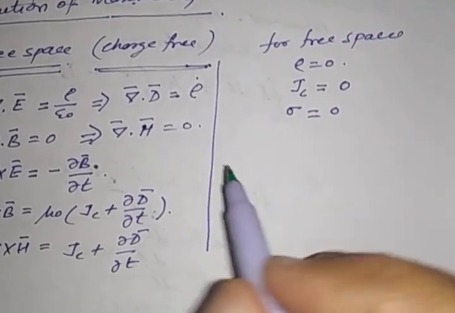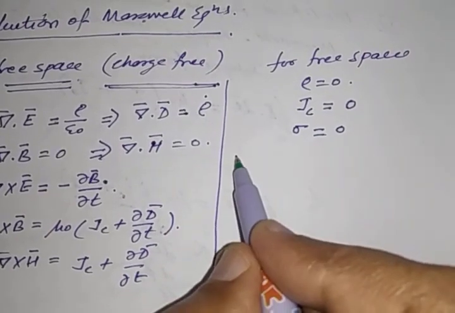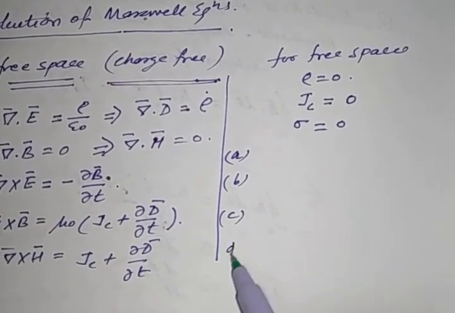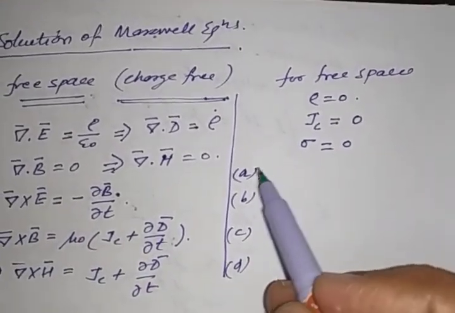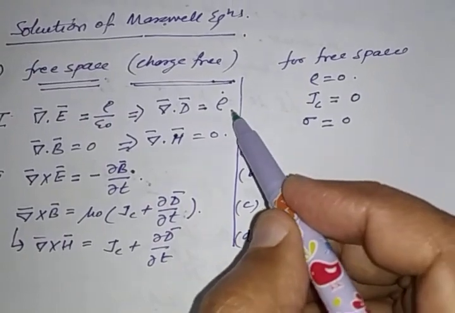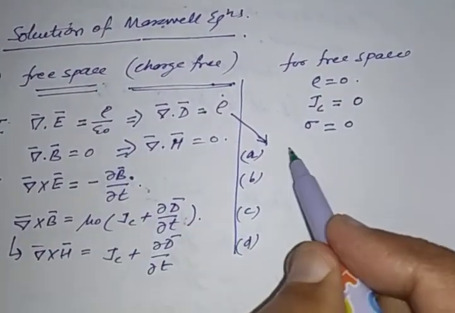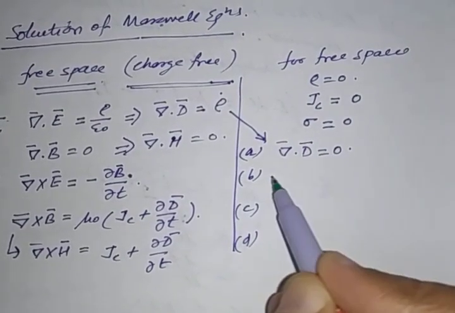So the Maxwell equations take a different form, which can be written as A, B, C and D: first, second, third, fourth. The first equation, from here, can be written as del dot D is equal to 0.